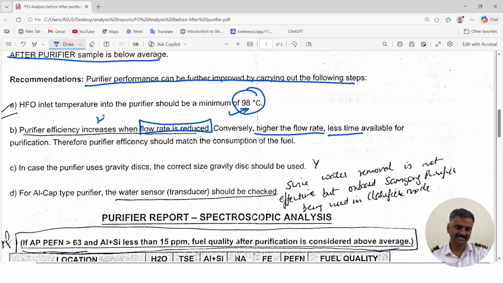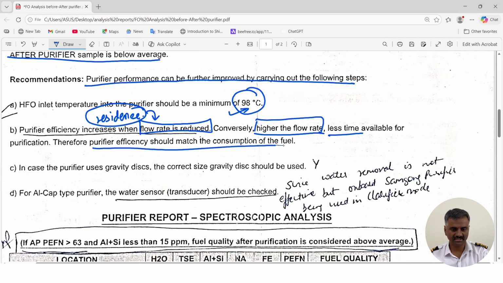That is called the residence time. Residence time for the oil inside the purifier is more in case of a reduced flow rate. The more time the fuel resides inside the purifier, the better the separation takes place. So less time is available in case of a higher flow rate in the purifier. Therefore, the purifier throughput should match the consumption of the fuel.